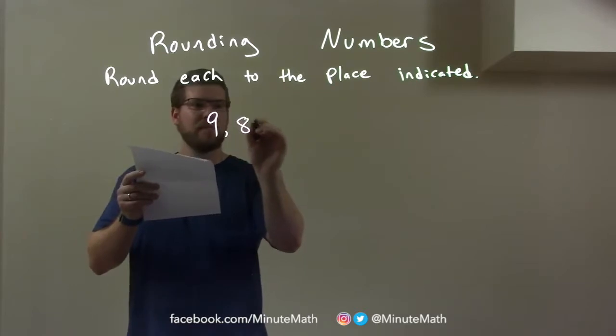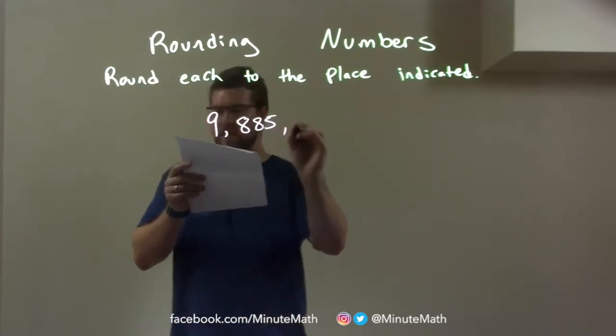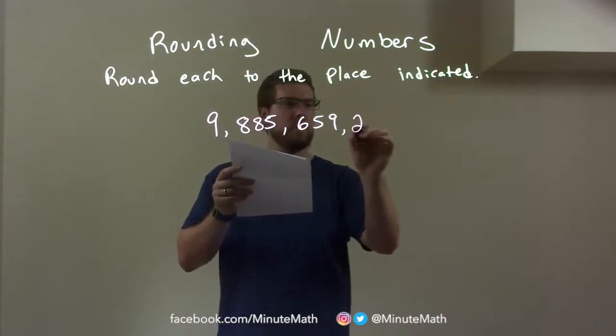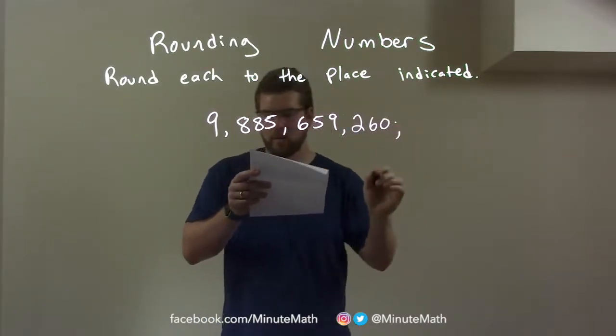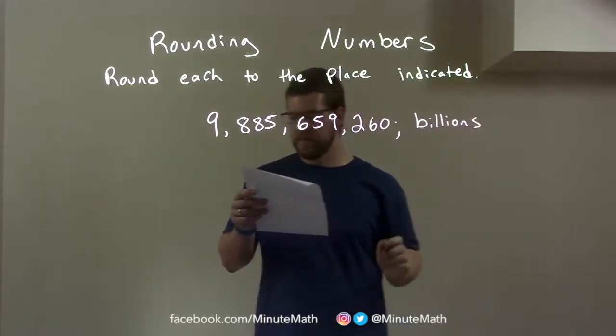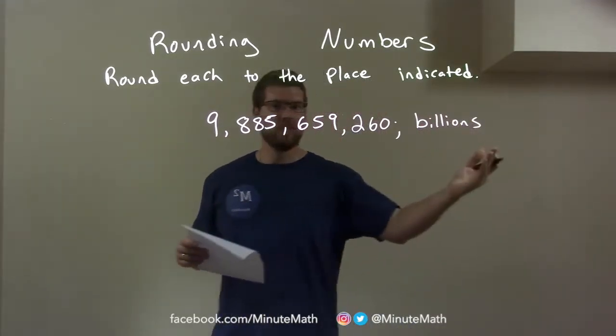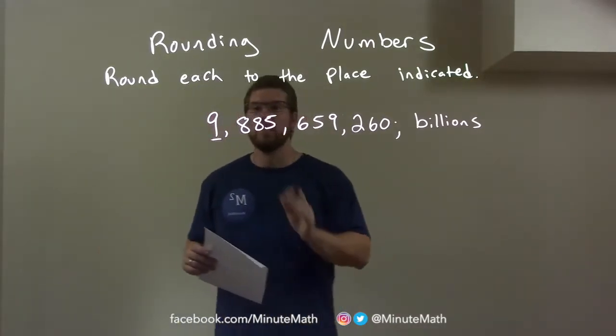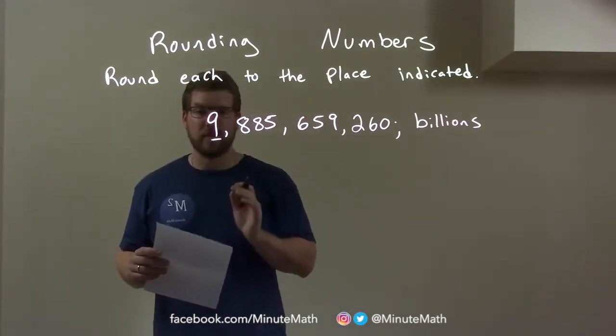9, 8, 8, 5, 6, 5, 9, 2, 6, 0, and we're rounding in the billions. Well, the billions place is right here on that 9, so that's what I'm looking at.